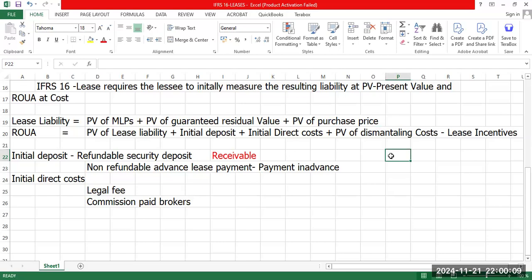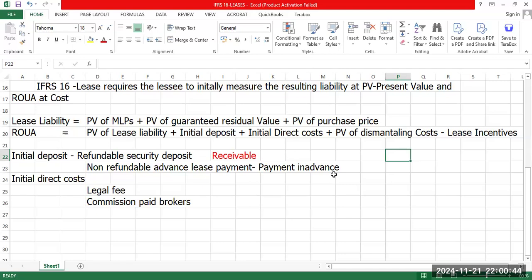At the end of this term, you must restore the asset to its original condition. Talk about leasing a land or rooftops to install telecom towers, antennas, satellites. At the end of it all, you need to remove everything and restore everything to its original position.